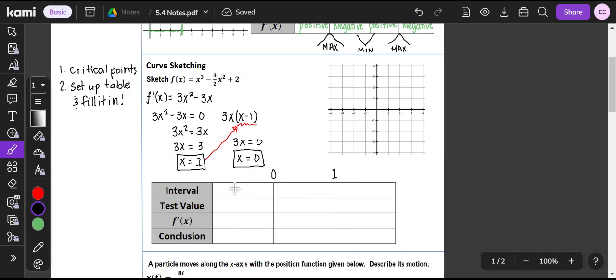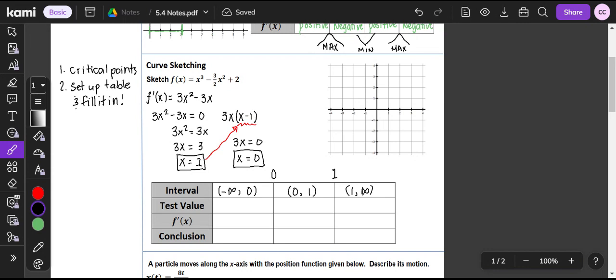So from the left leading all the way up to 0, that interval is from negative infinity all the way up to 0. And then between 0 and 1, that interval is from 0 to 1. And then the next interval is to the right of 1, so that is from 1 to infinity.